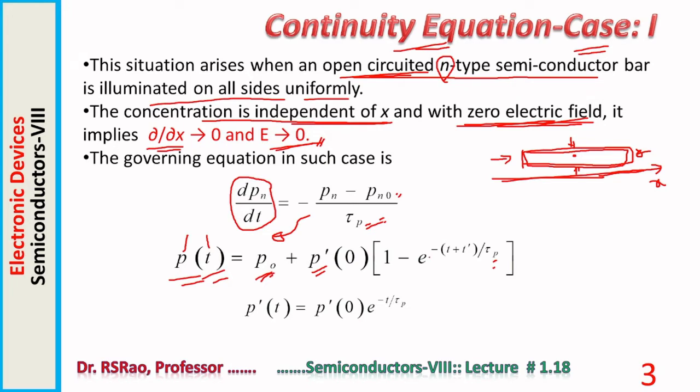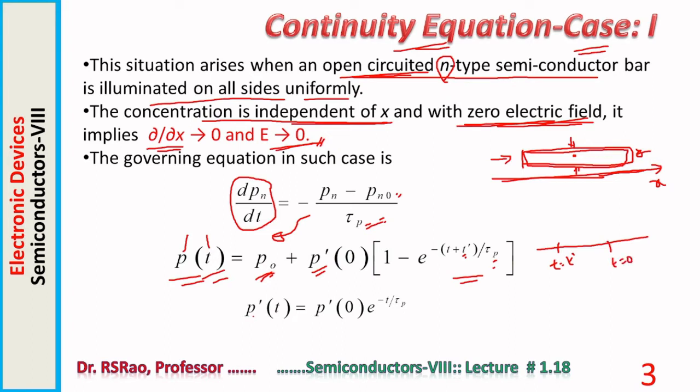In 1 - e^(-t), t is the time variable. t' is the instant where illumination is switched on. This equation is for the case where illumination is switched on at t equal to t' and switched off at t equal to 0.